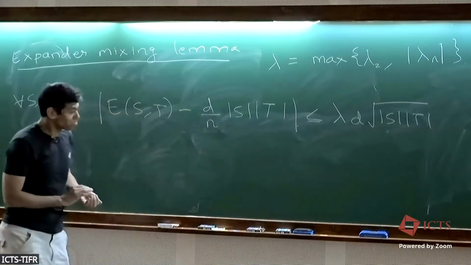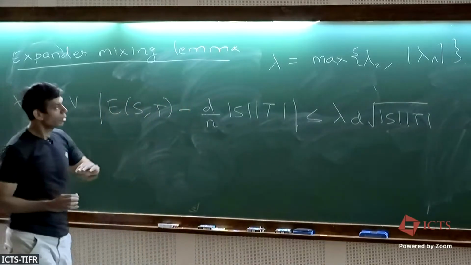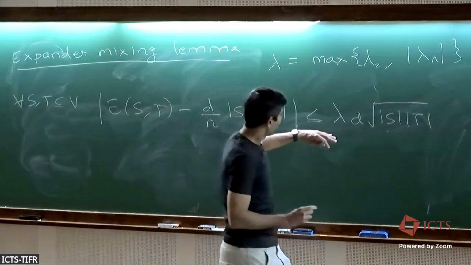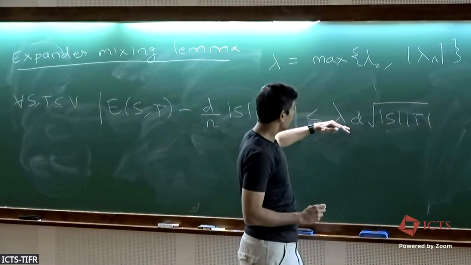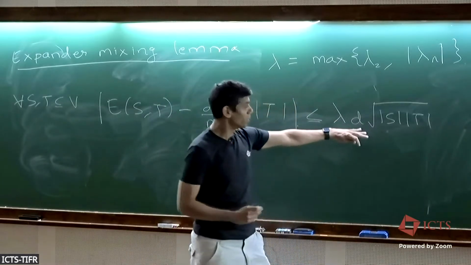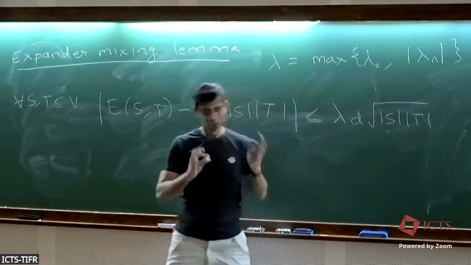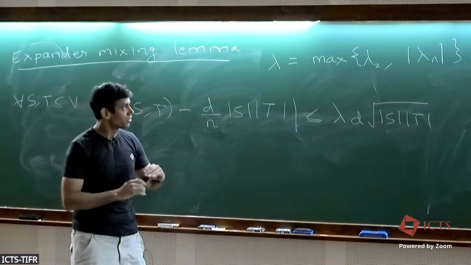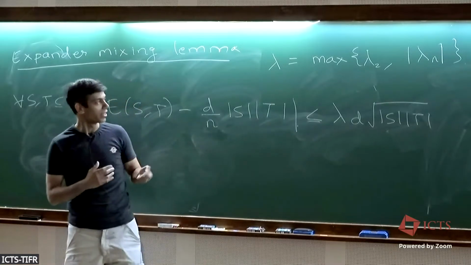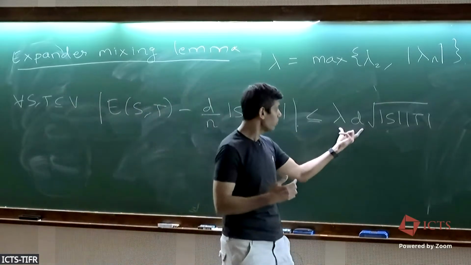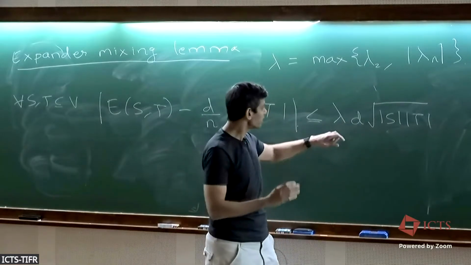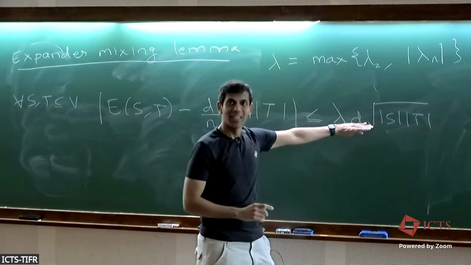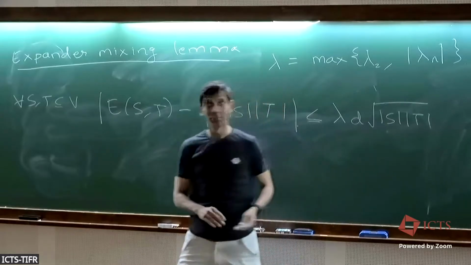So we do know how to construct these graphs, for any arbitrarily small constant lambda, as long as it's independent of D, and even random graphs will do it. I'll talk more about constructions towards the end, and also what bounds we can hope for on lambda. But for now, think of lambda as any small constant, 1 over 100, as long as it doesn't depend on D, we are fine. Okay?